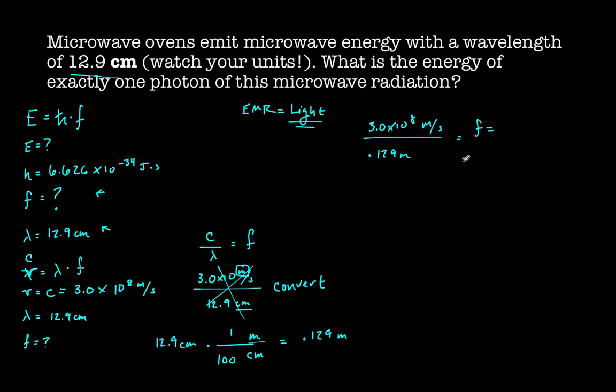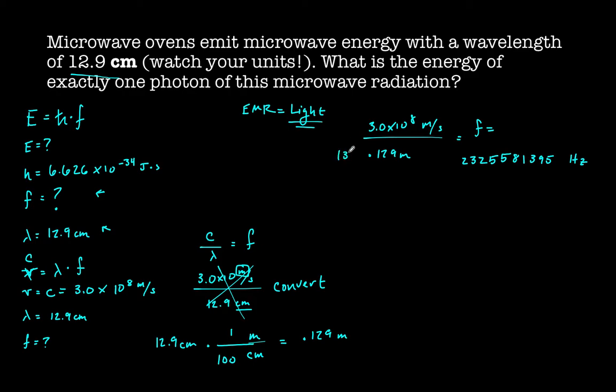I got 232558139 hertz. Now, that is my calculator answer, meaning that the very, very first thing that I need to do is I need to do sig figs. And you need to be careful here.